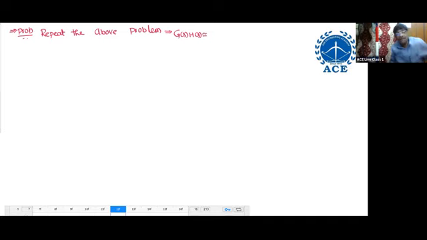Next problem. Repeat the above problem, with G of S, H of S equal to S plus 1 by S plus 2.